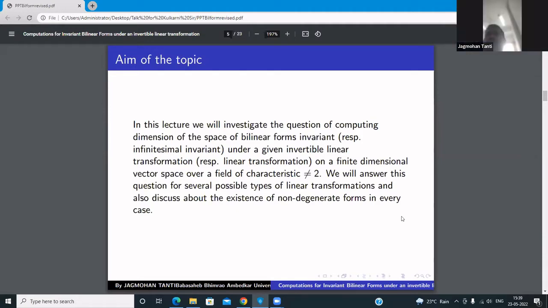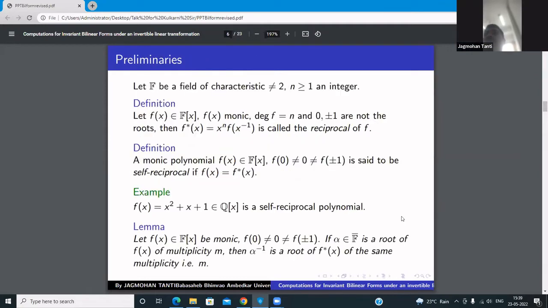So these are certain preliminaries. Here we are talking about when a polynomial is called the reciprocal of a given polynomial. This is a monic polynomial of degree n, where 0 and plus or minus 1 should not be roots of this polynomial.